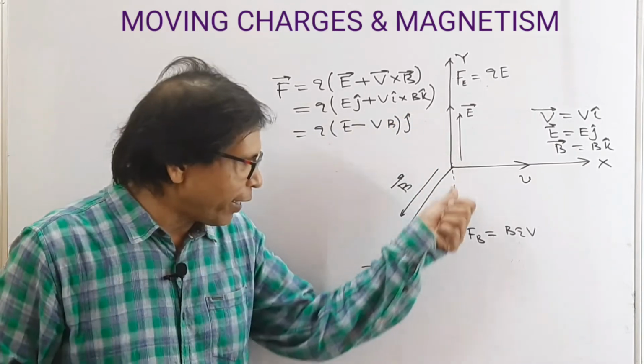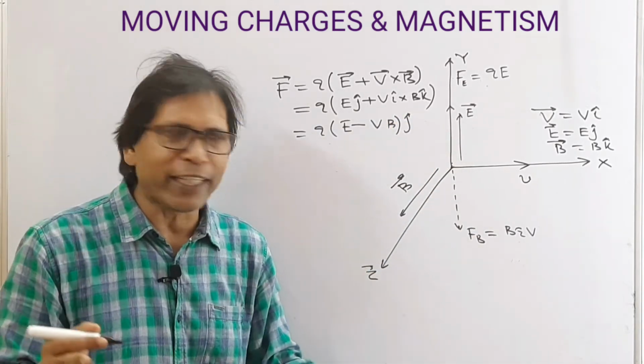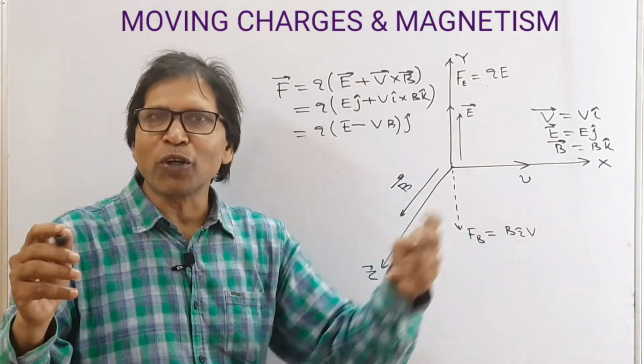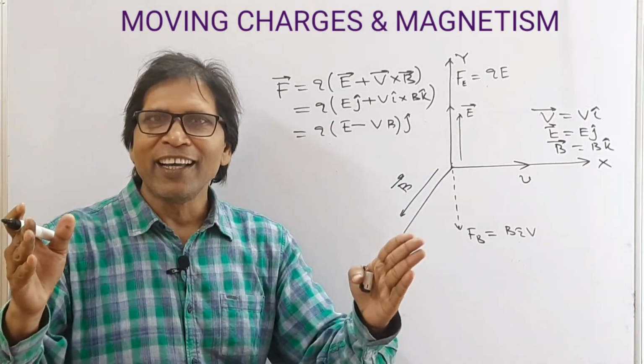That is, the magnetic force on the charged particle is opposite to the electric force on the charged particle.